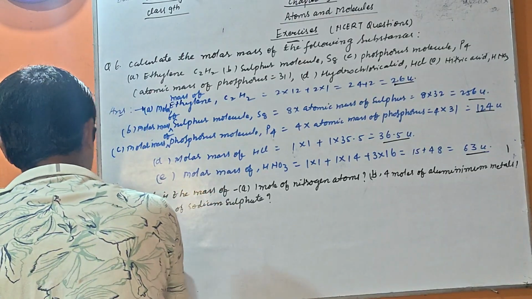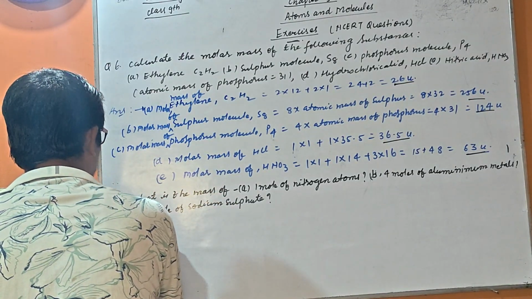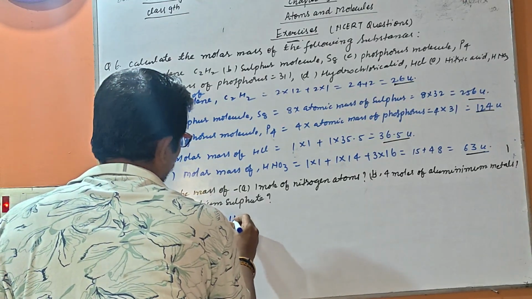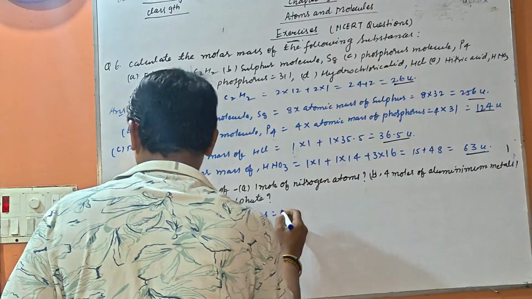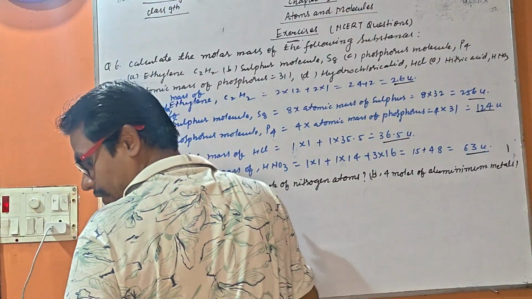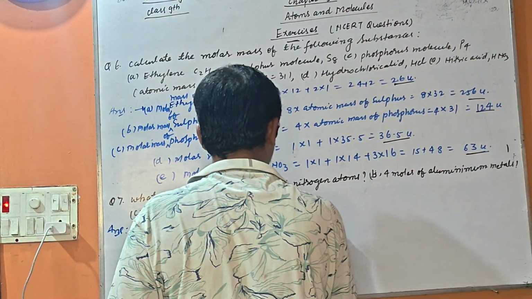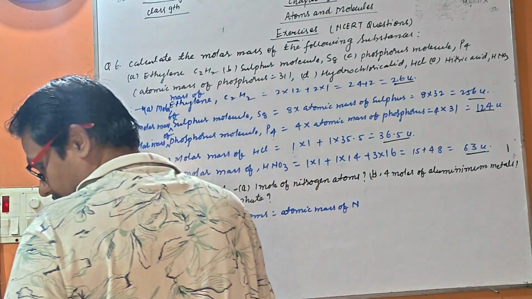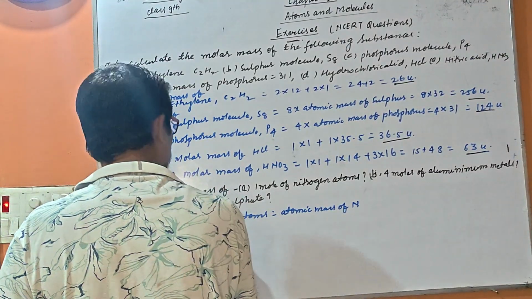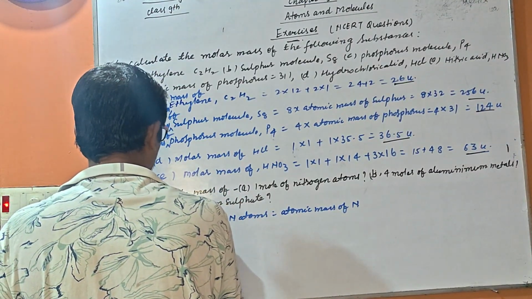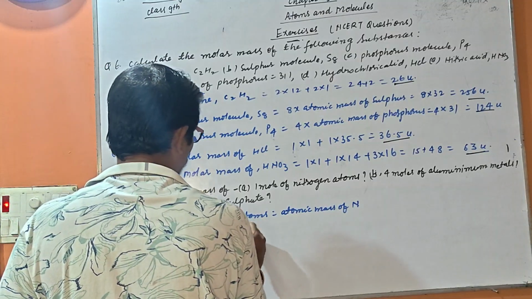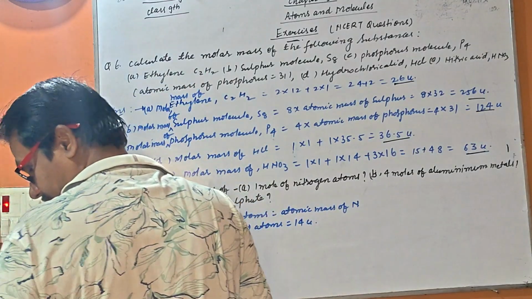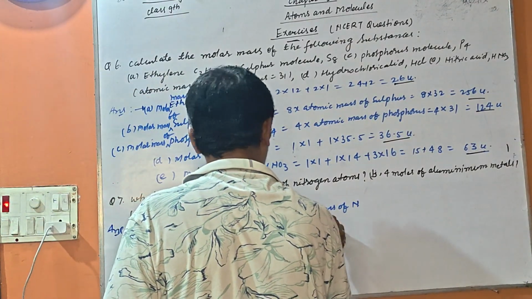Molar mass of an atom. Answer A: mass of 1 mole of nitrogen atoms is equal to 14 grams, because it is in moles.